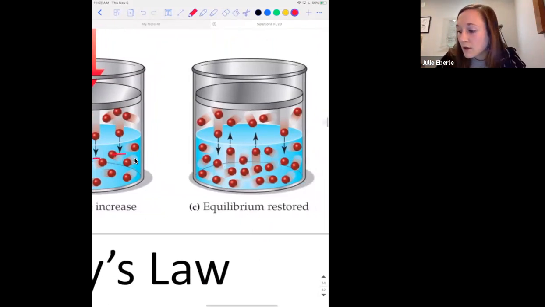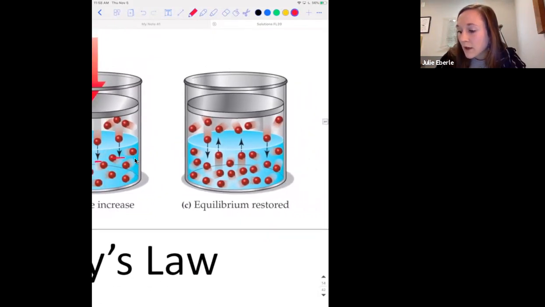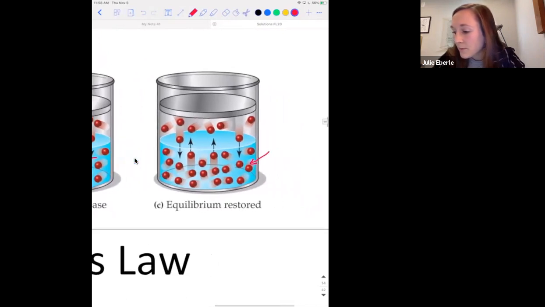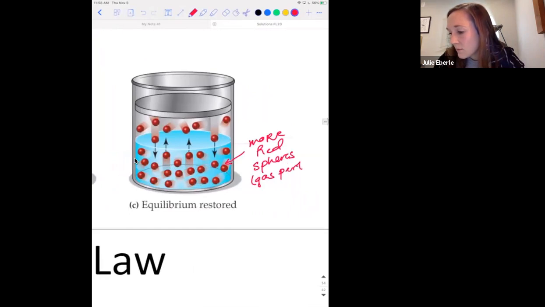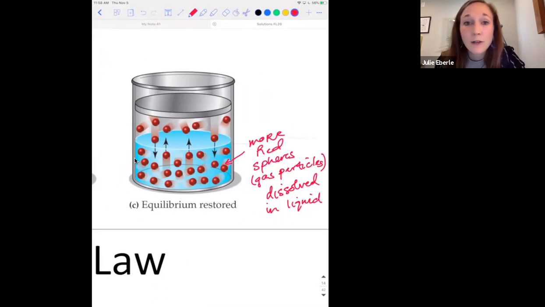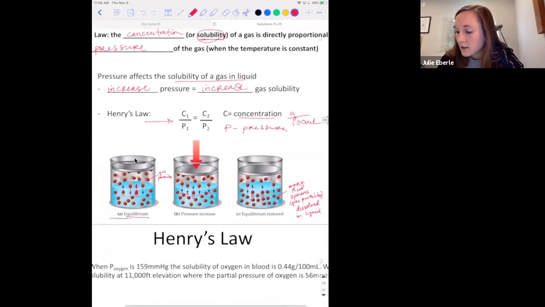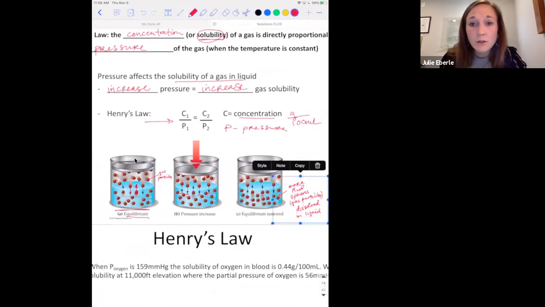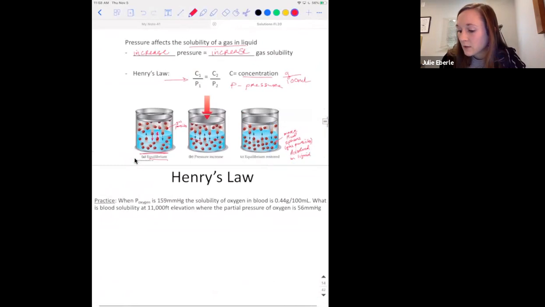But you notice in this picture over here on the right, we have way more red spheres, which are the gas particles, dissolved in the liquid because we have increased the pressure. So that's essentially compared to over here, fewer gas particles in the liquid. So if you just increase the pressure, you're going to increase the amount of gas particles dissolved.